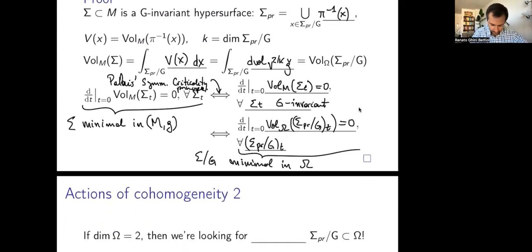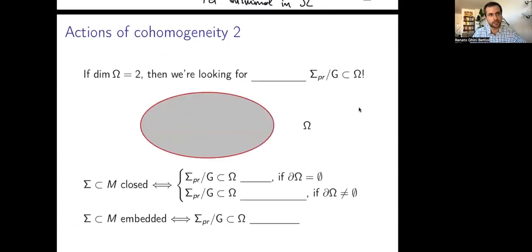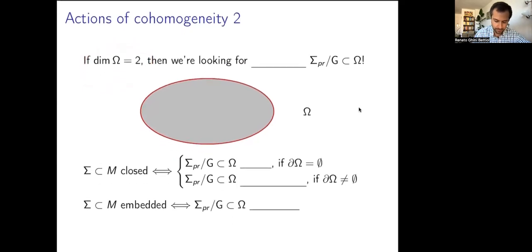Okay, so in particular, let's observe that if the dimension of the quotient is 2, those are called actions of cohomogeneity 2, then being a minimal hypersurface of a two-dimensional ambient means precisely being a geodesic there, right? So a curve is a minimal hypersurface of a two-manifold if and only if it's a geodesic.